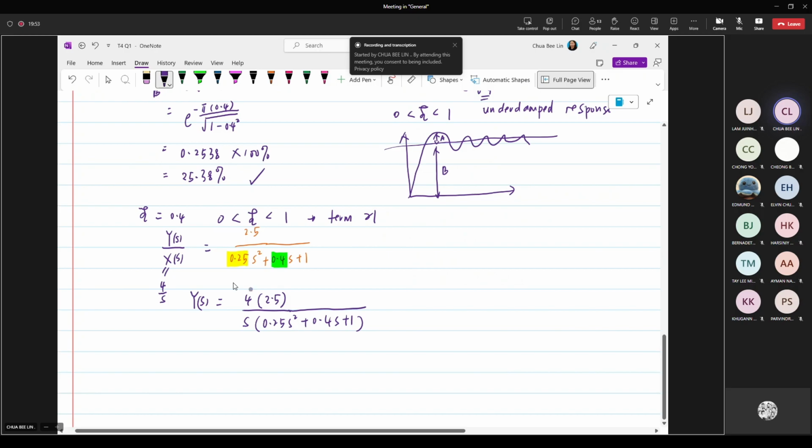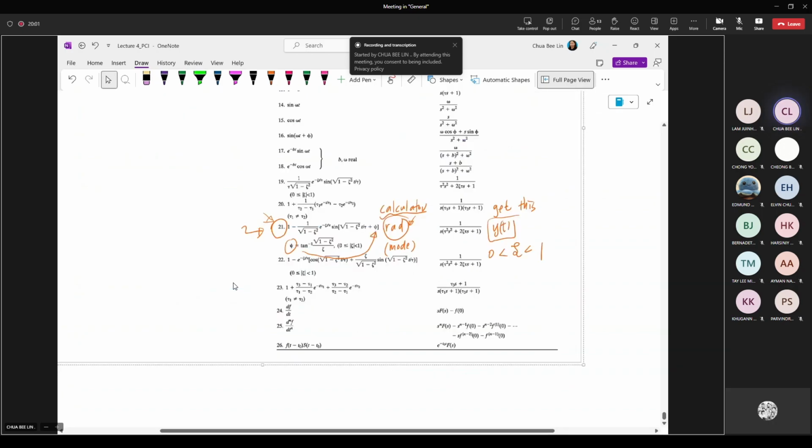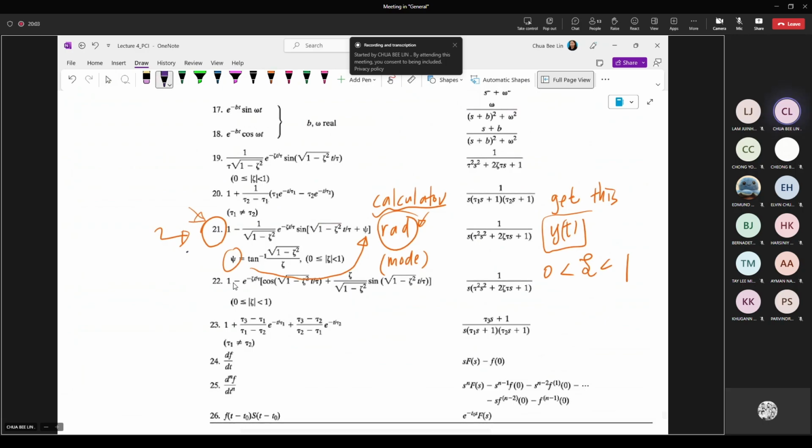Okay, so you can refer to this with the direct conversion using term 21, which is this one. So you copy this equation. You have your Laplace table, so you copy this term 21. This is when your Y(s) is equivalent to this.